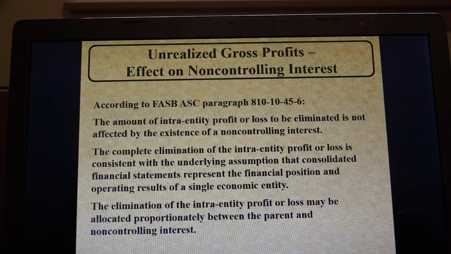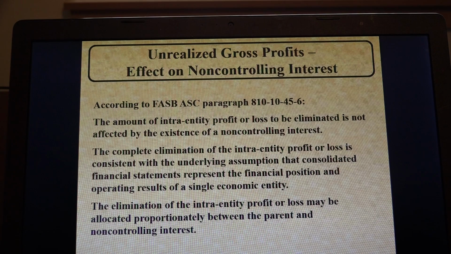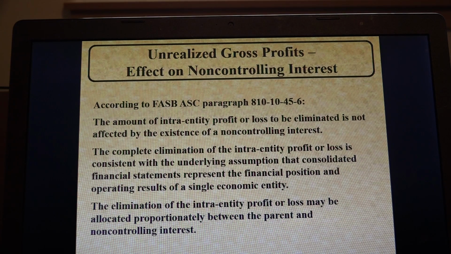The interesting part is the next sentence. It says that the elimination of the intra-entity profit or loss may be allocated proportionally between parent and non-controlling interest.